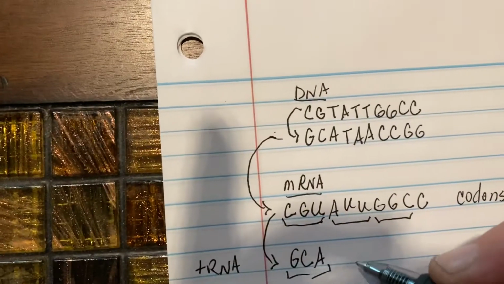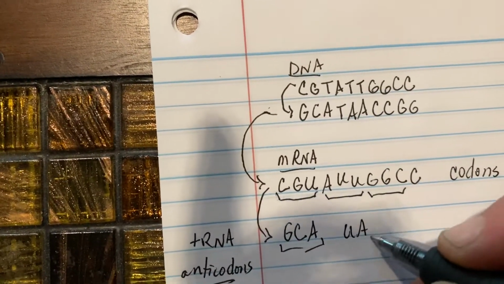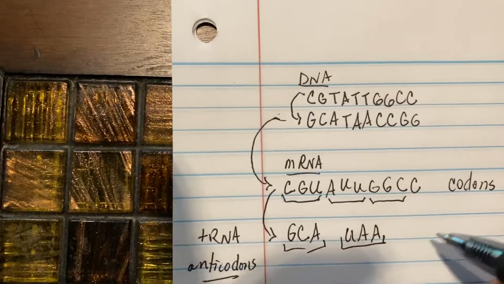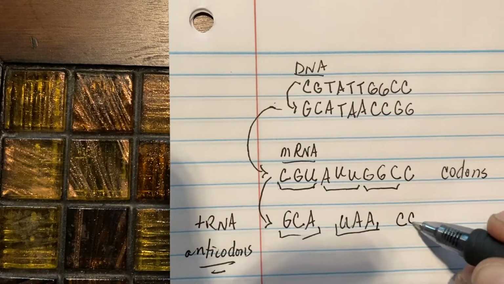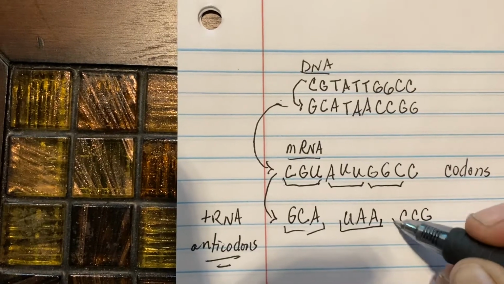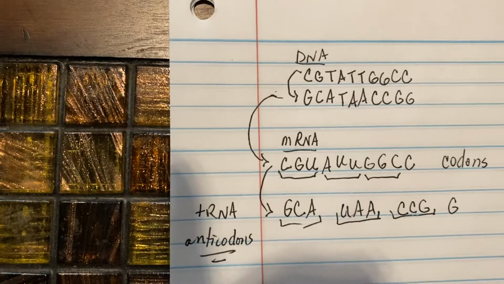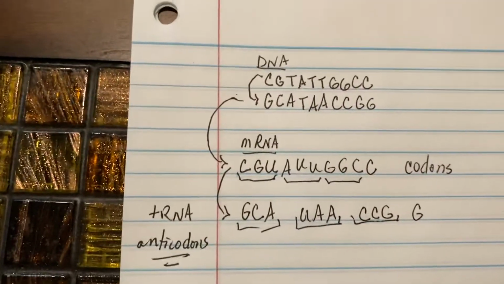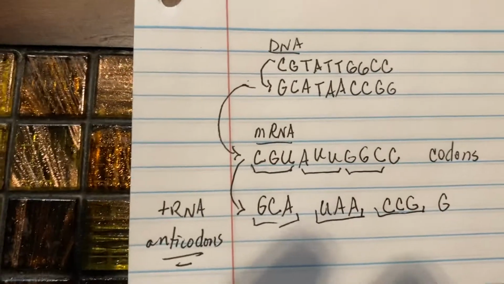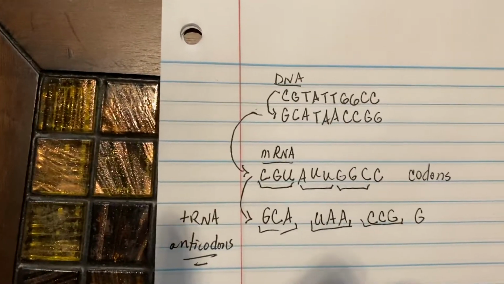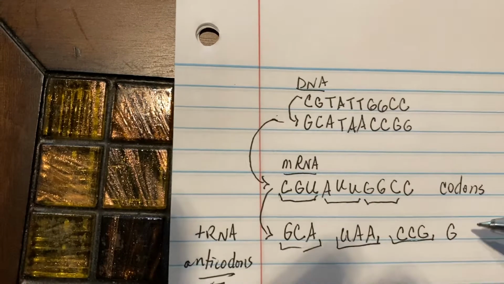A will go with U, U with A, U with A. That's my second. G will go with C, G will go with C, C will go with G. That's my third one. And then, of course, G would start the beginning of the next one, whatever it happened to be.